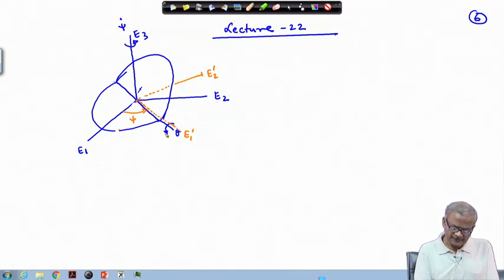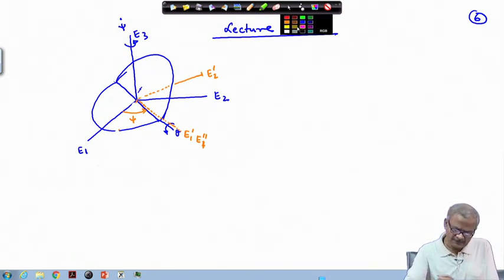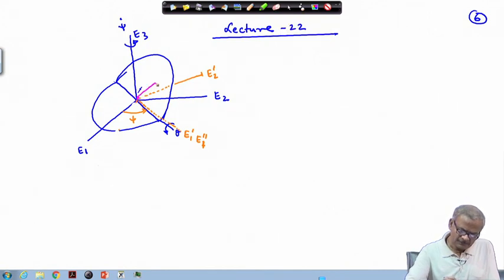Next rotation we are giving by theta here itself. So, E 1 double prime will be here. This will come out and go onto this circle, because we are rotating here by theta and already we have rotated this plane by theta. I will show this by some other color. So, it has gone up from here to here, and this angle is theta.